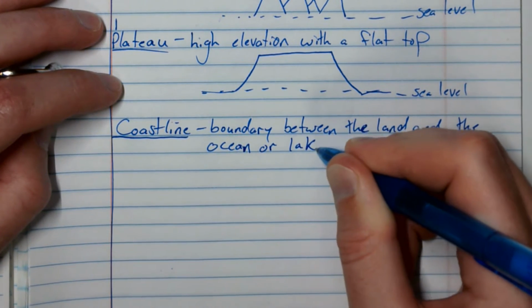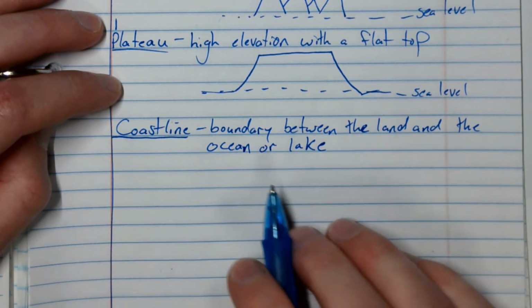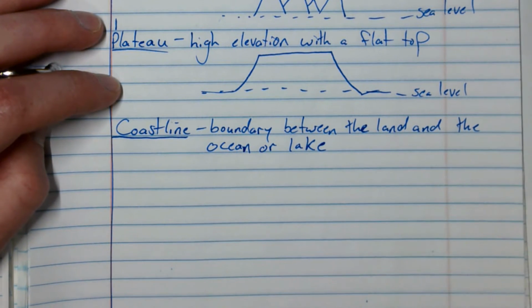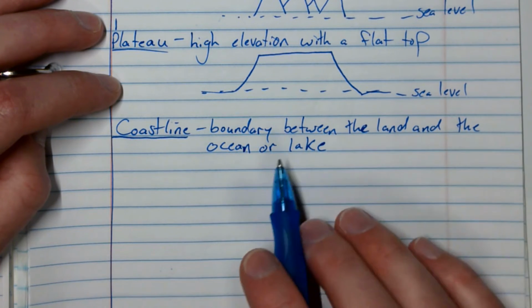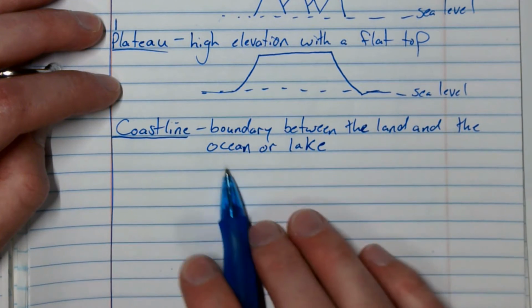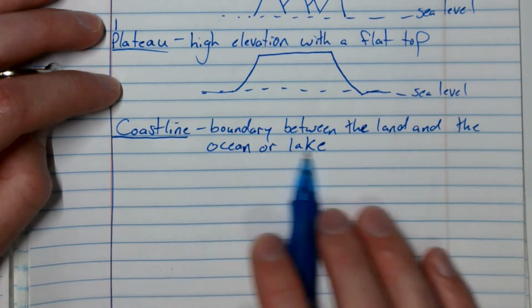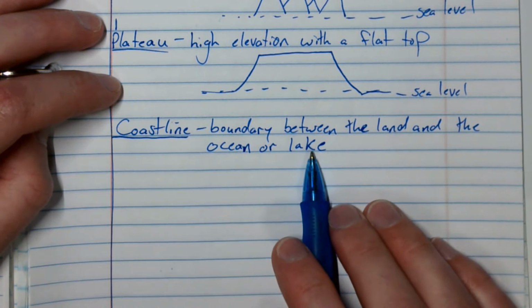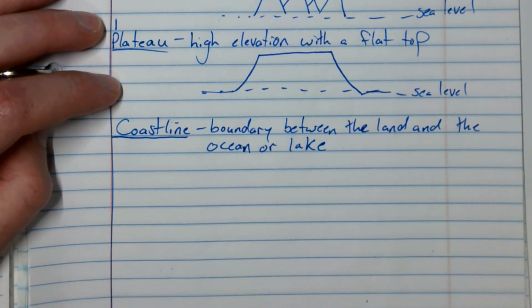So if you've ever been to the Great Lakes, you can definitely see that there's that boundary, or even, of the smaller lakes, there's still that boundary between the land and the water. But in these cases, these are much more noticeable. So oceans and those lakes. So that's a coastline. We are going to draw that.